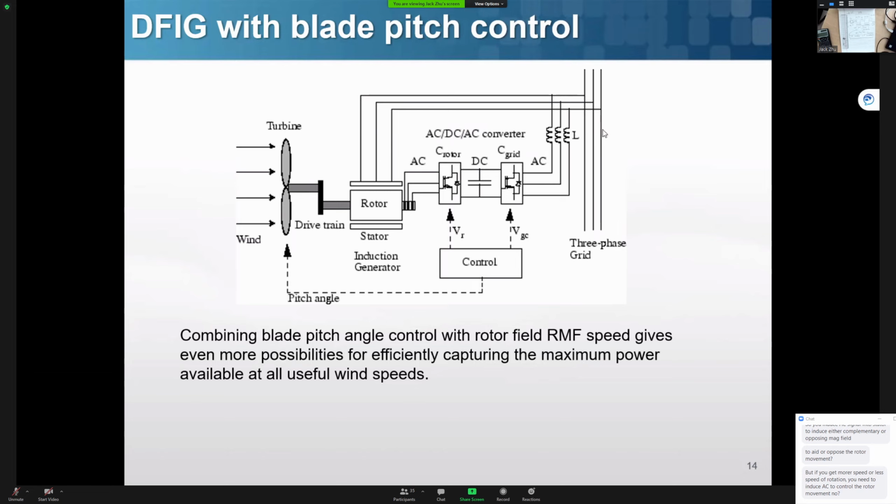So instead of putting a DC in here or using a permanent magnet down here, we put a variable frequency AC in here. That's about a motor.